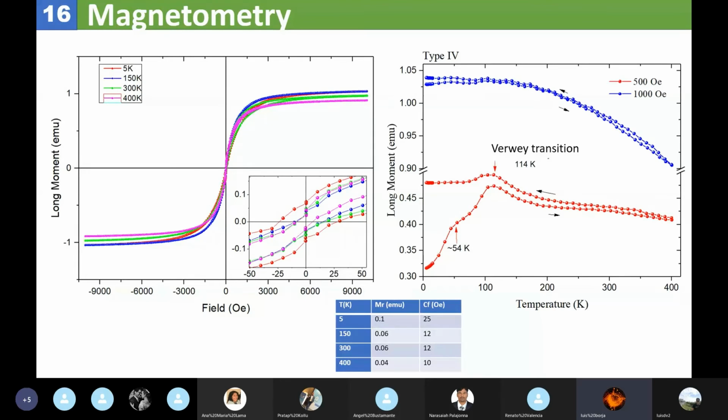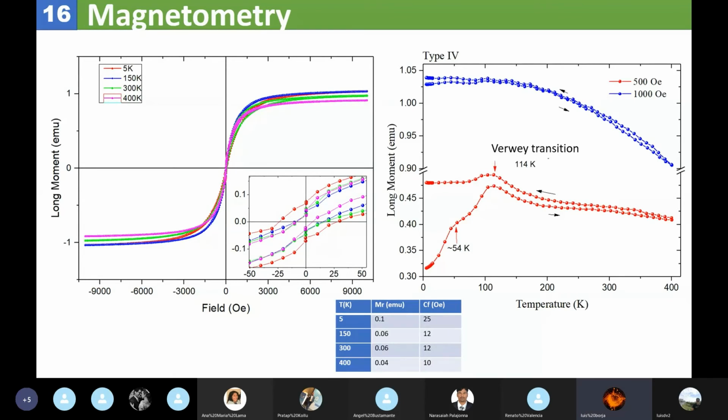We can observe that there is a slope in the curves. This behavior is very, very similar. Also, as a whole, the hysteresis curves have a superparamagnetic behavior, but we need to confirm this.